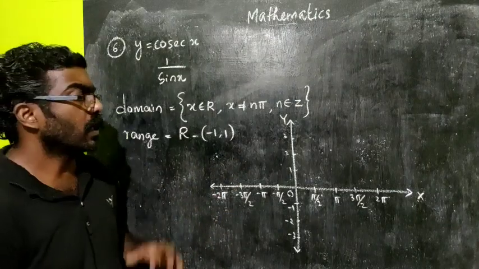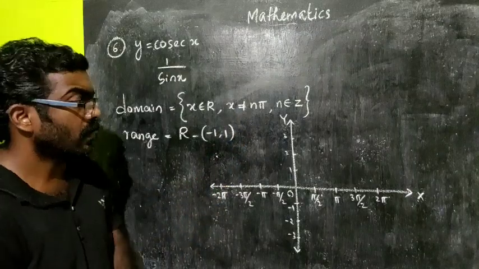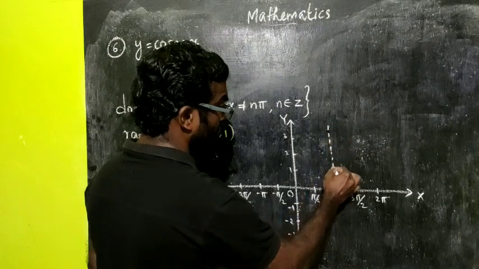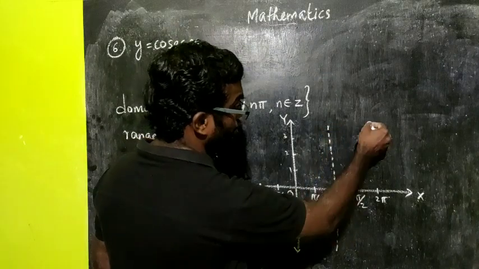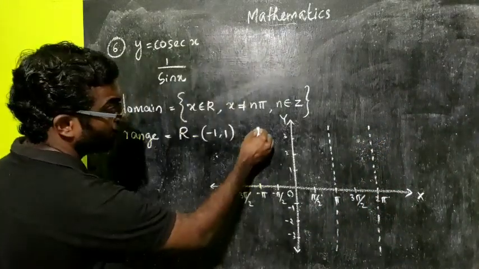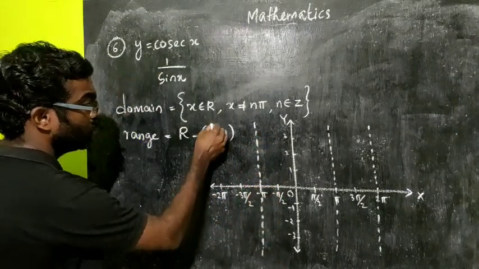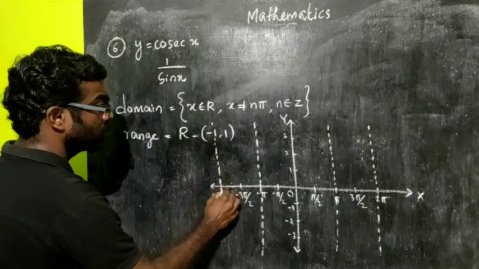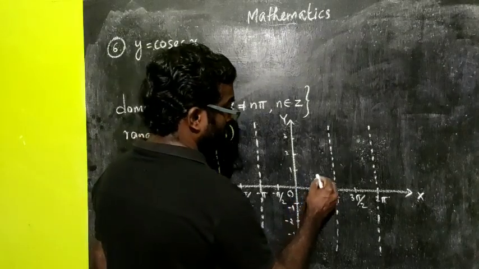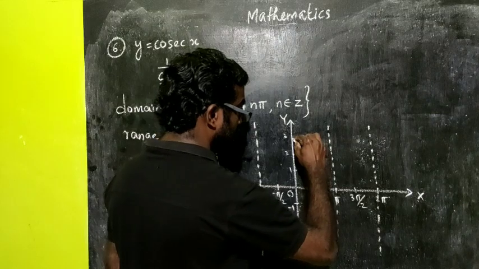Okay. Range is the set of all real numbers except the values in the open interval (-1, 1). Here also we have to restrict the domain in such a way that x not equal to n pi. So x equal to pi, this one. Then 2 pi. Here minus pi and minus 2 pi. Okay. Now we can draw the graph. Here we get a curve like this.